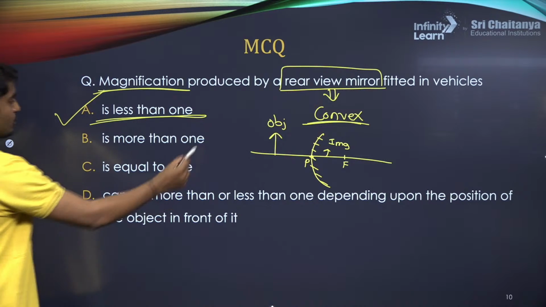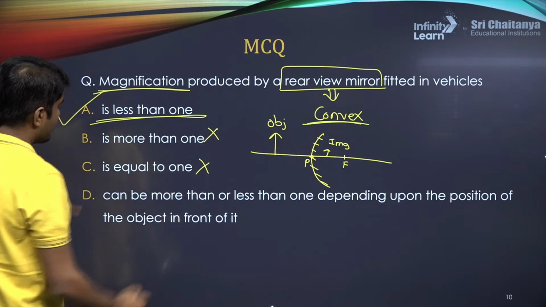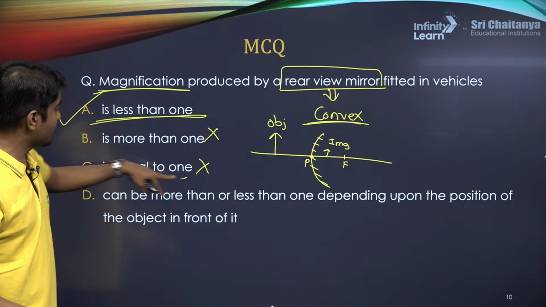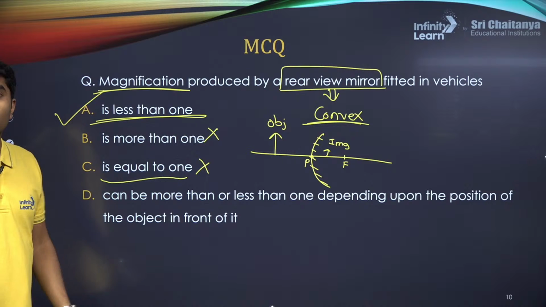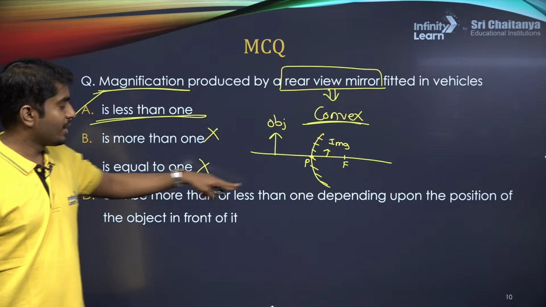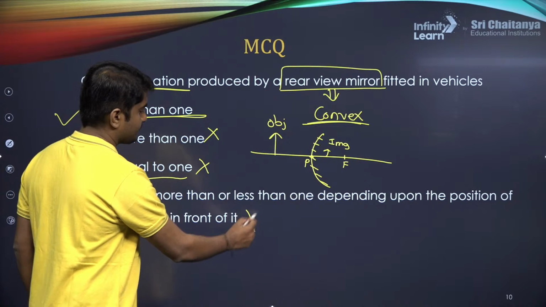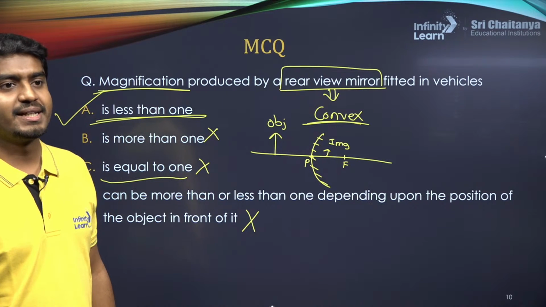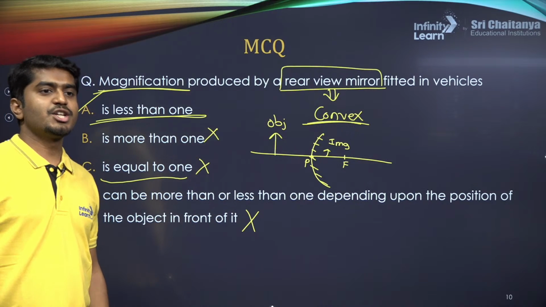It is not more than 1, not equal to 1. When will it be equal to 1? If it is a plane mirror, then only it is equal to 1. Can it then be more or less? No, that is not correct. Clear? Yes, correct. Krishna, correct, nice.